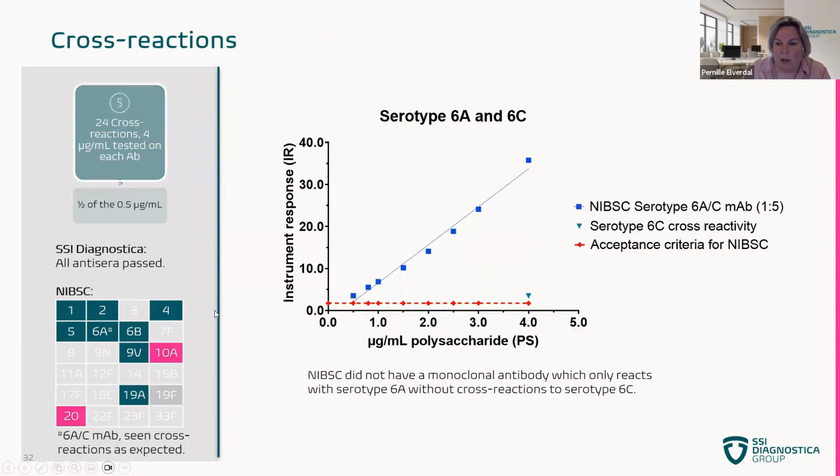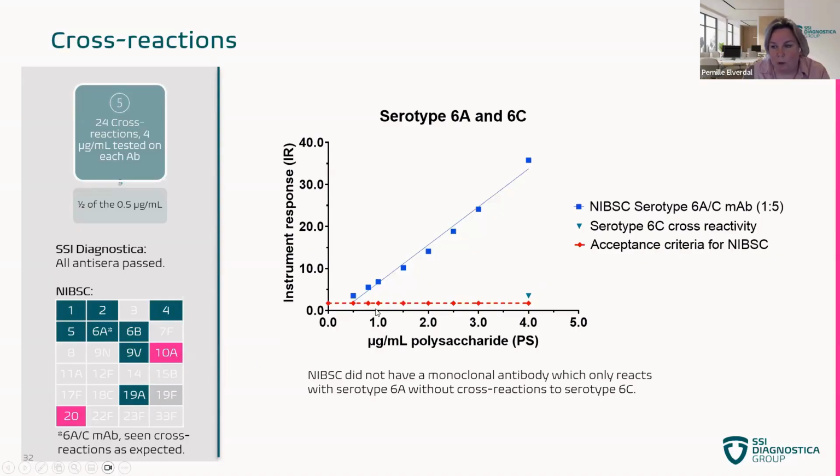Then we looked at the cross reactions, and here it was a little hard because the monoclonal antibody was not specific. It was a 6A and 6C antibody, so it was not specific. And that's also what we see in the testing, that it had small cross reactions to serotype 6C.